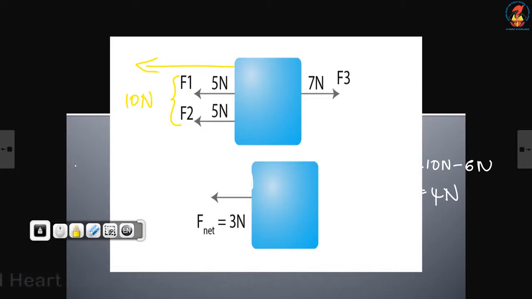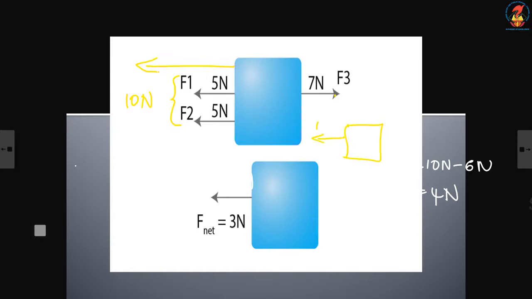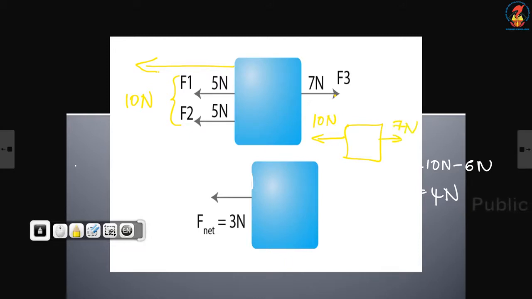Now, another force is acting in the opposite direction, having a magnitude of 7 Newton. So, this one is 10 Newton, here 7 Newton is acting in the opposite direction.